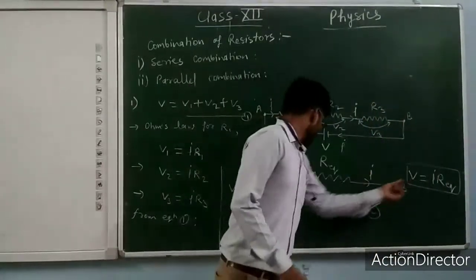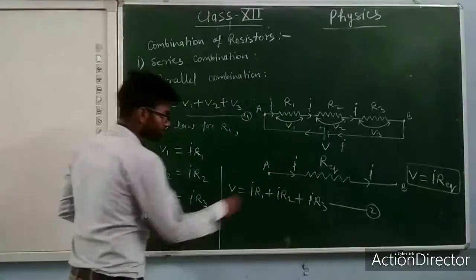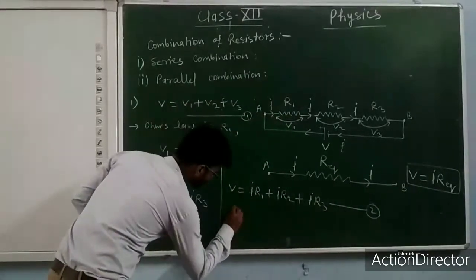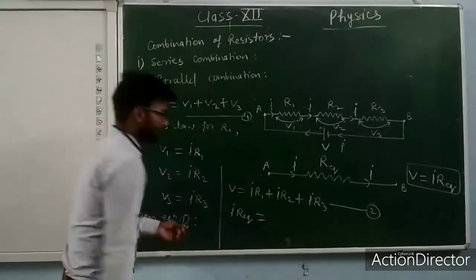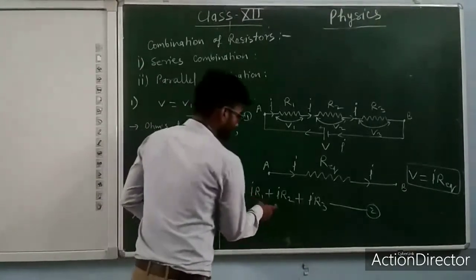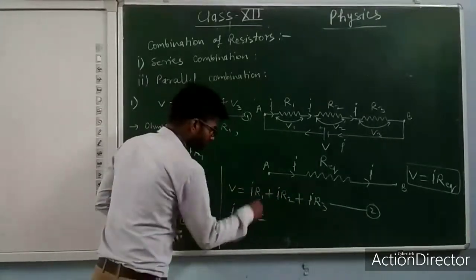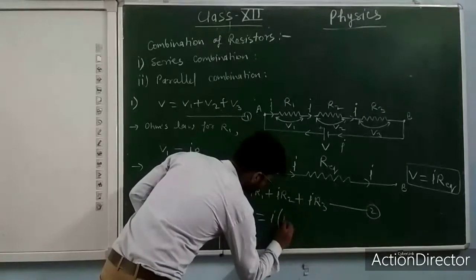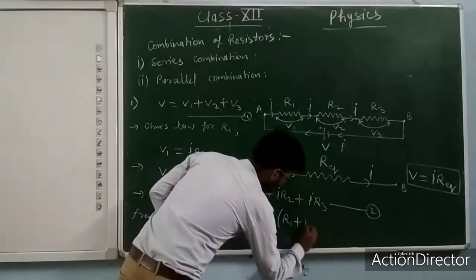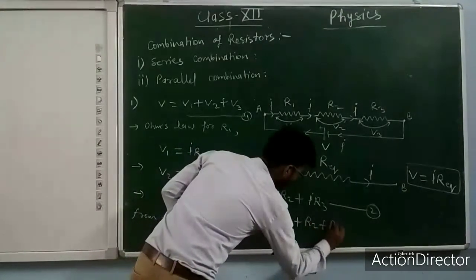This value can be applied in equation number 2. So V will be equal to I multiplied by R equivalent. And from the right hand side, since the I value is common, we can take it common, right? So I bracket R1 plus R2 plus R3.